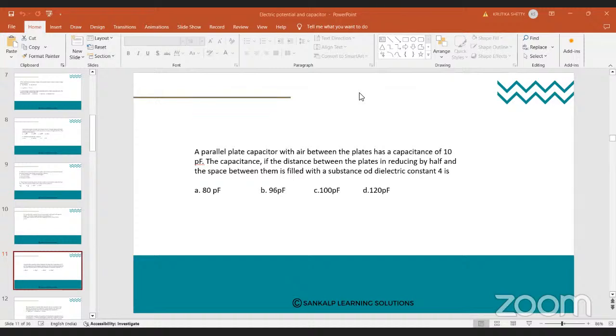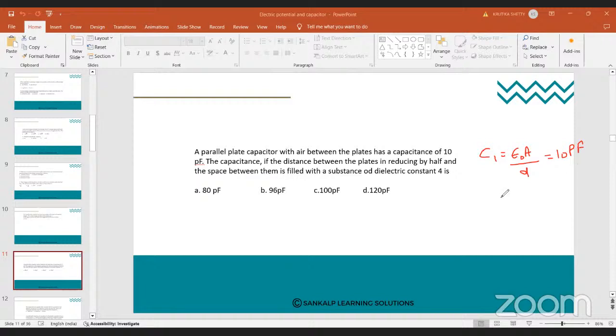See here. C1 is equal to epsilon naught into A divided by D. The formula is C is equal to epsilon naught into A divided by D. So here this C1 value is given as 10 picofarad.